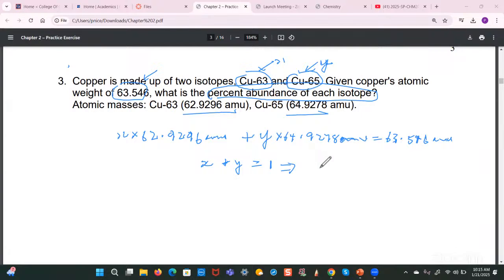X equals 1 minus Y, right? And then that 1 minus Y goes where X is here, right?